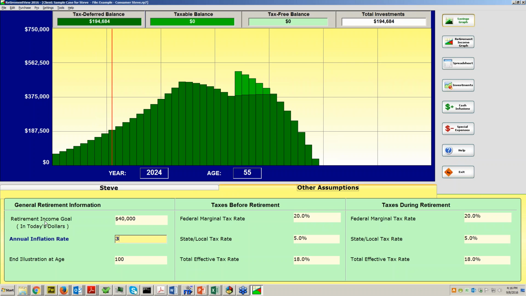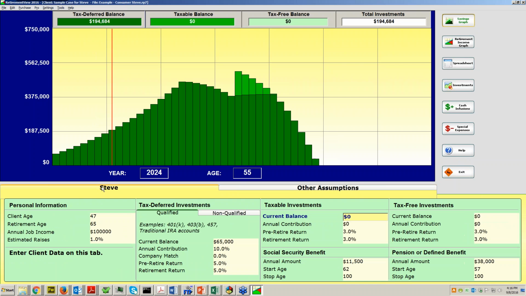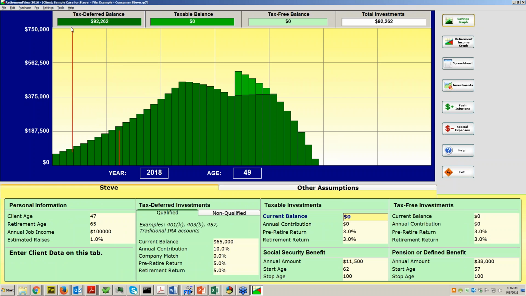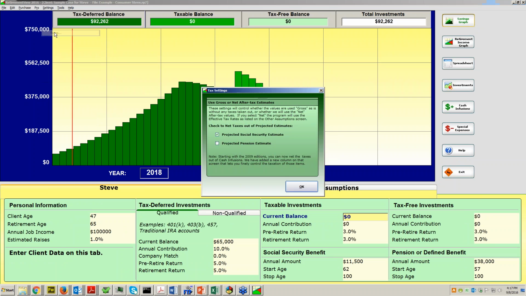All right, so as far as gross versus net, Social Security or pension, you can enter the gross amounts, and then these effective tax rates would be netted out, and that's the default.